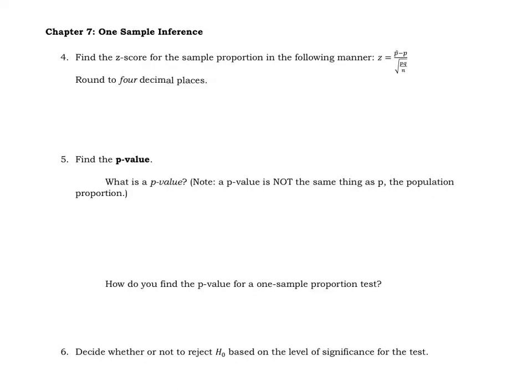All right, continuing on with this example, we're going to next find the z-score, but we're not going to use that formula that's there because that z-score shows up quite handily right on your calculator screen.